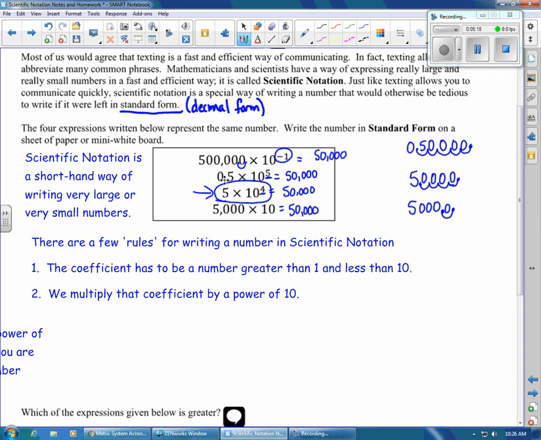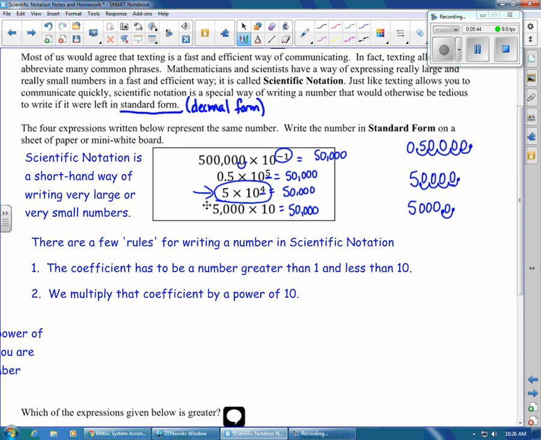It's not truly scientific notation unless this number that's out in front is greater than 1 and less than 10. Obviously, these two other ones, that coefficient, is significantly larger than 10. So those are not in scientific notation. Now, it doesn't mean that they're wrong per se. They're still representing the amount of 50,000, but they're not in scientific notation.